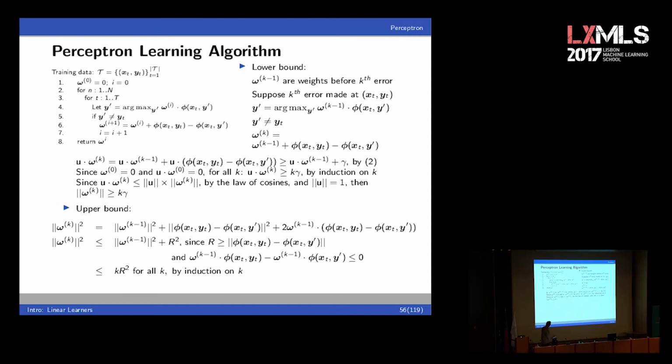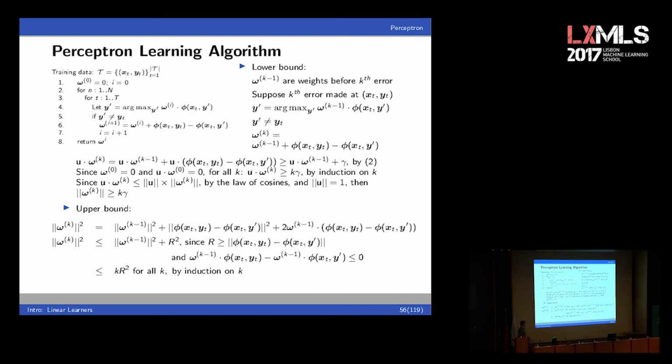So as a standalone result, it means that for every step that we do, we are learning a weight vector of length greater or equal to k times gamma. For the k-th step, it's k times gamma.